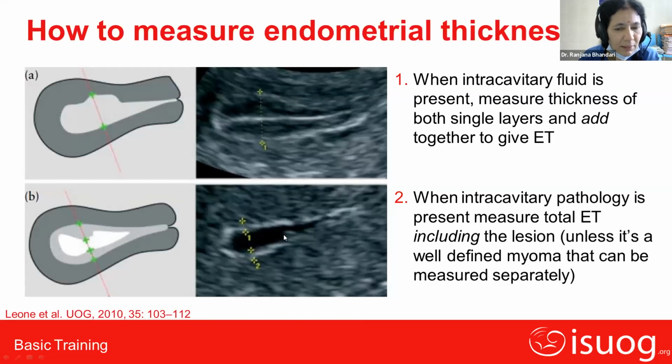But if any endocavitary lesion is myometrial in pathology, we will exclude it. So any myoma, submucous myoma, or myomatous polyp should never be included in the endometrial thickness, but an endometrial polyp can be included.